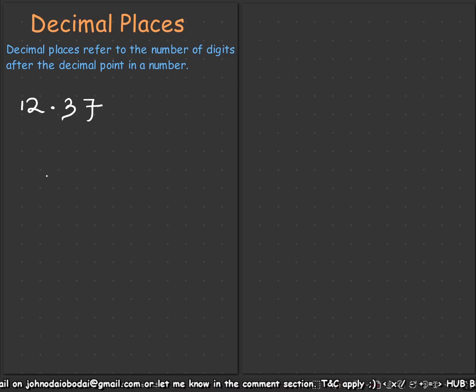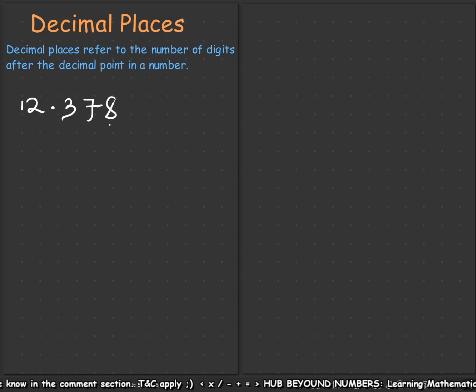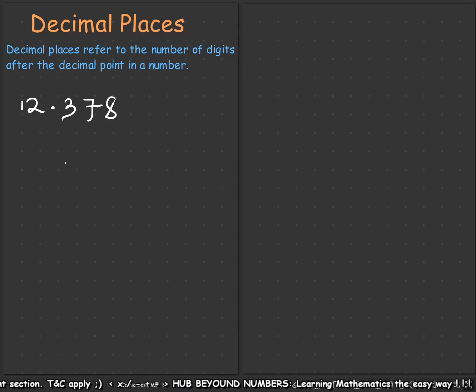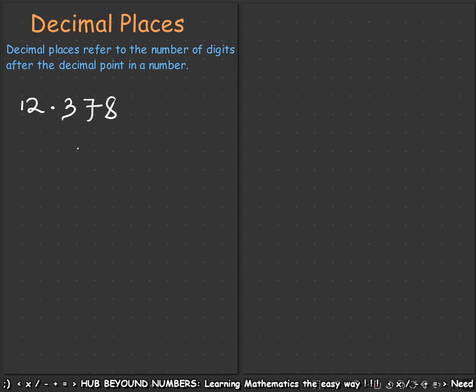So either two decimal places or to the 100th place. Then 12.378. This over here has three decimal places because there are three digits after the decimal point, or the 8 is to the 1000th place.